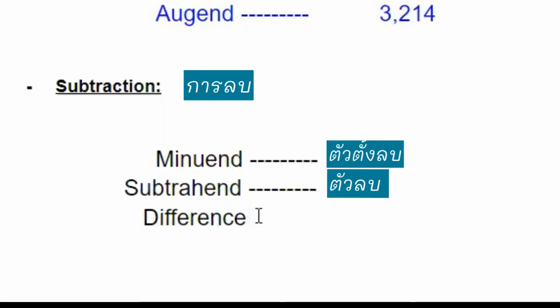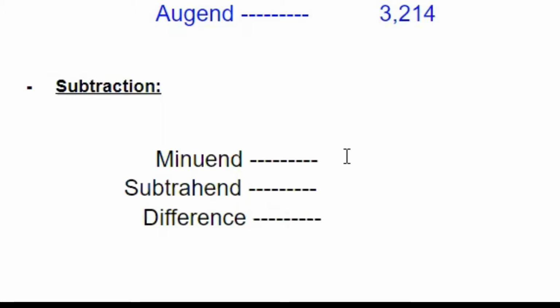So let's check one example about this. In the minuend, page number 79, we got the number 8,560 minus the subtrahend, that is 3,590.